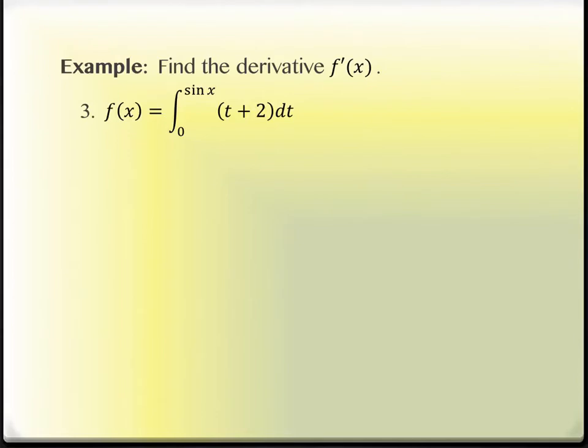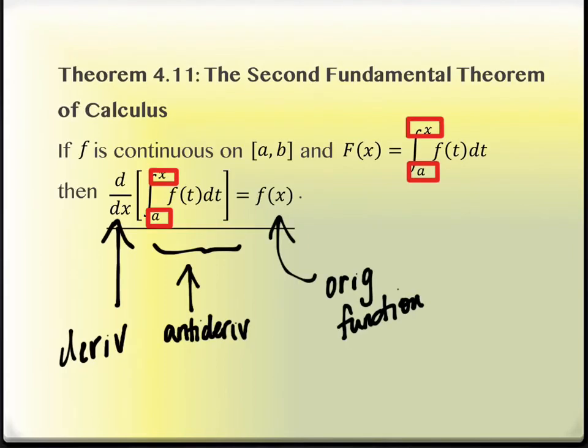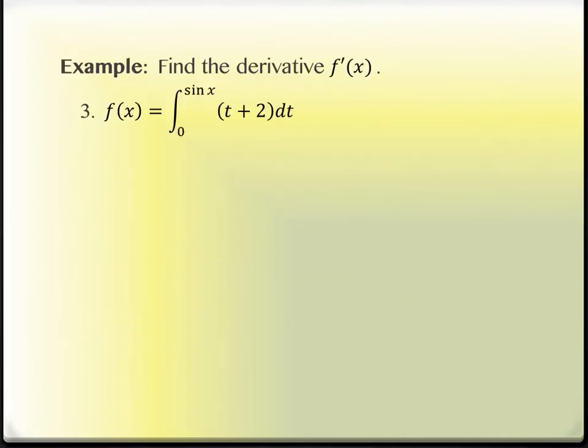The derivative of the antiderivative works just fine when it's a to x, and a can be any number at the bottom, not a variable, with the variable x at the top. But when the upper limit is actually another function, there are some differences. So what we're going to do is find the derivative, f prime, of each of these, and you have to be a little bit careful.